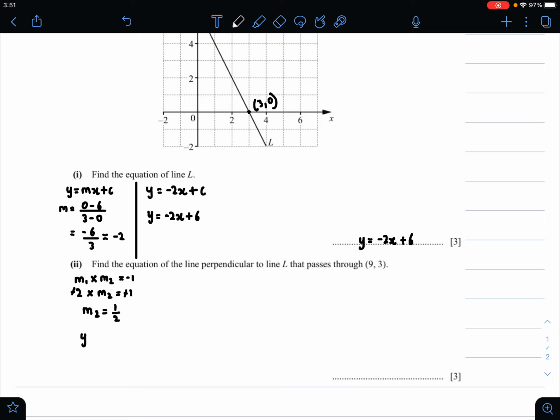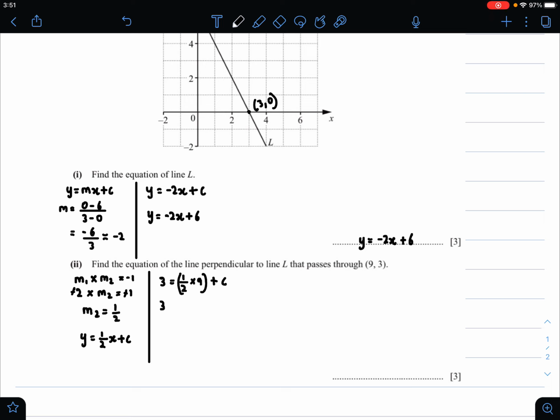So we can write y is equal to half x plus c. This is for the perpendicular line. Now to find the value for c, all you need to do is substitute this point that they've told us the perpendicular line passes through, that is 9, 3. So the y value is 3, which is equal to half of the x value, which is 9, so half multiplied by 9, plus c.